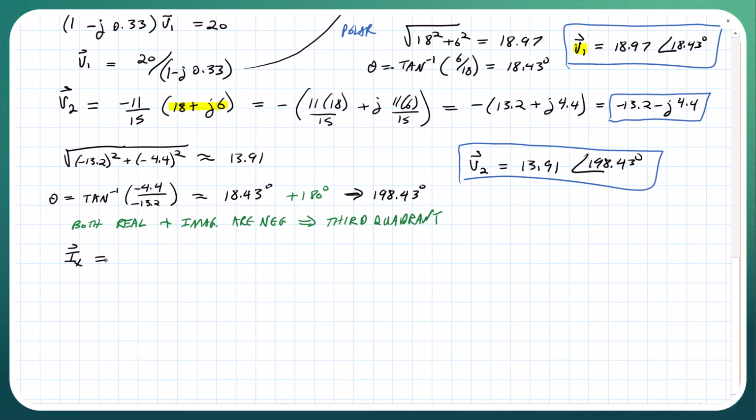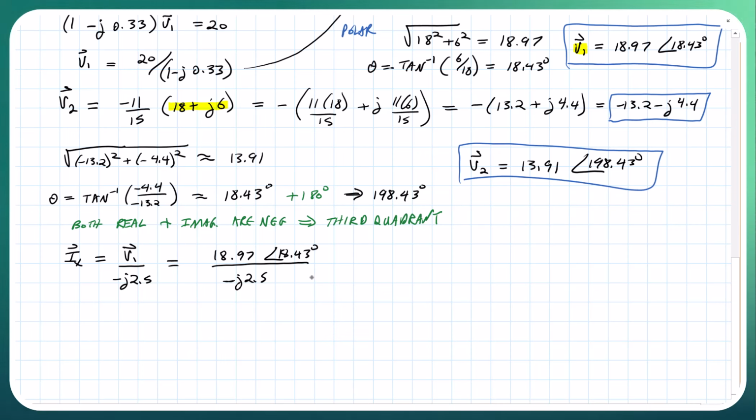Okay, so our Ix is equal to V1 over minus j2.5. We just plug these in here. We said this was 18.97 at an angle of 18.43 degrees over minus j2.5.